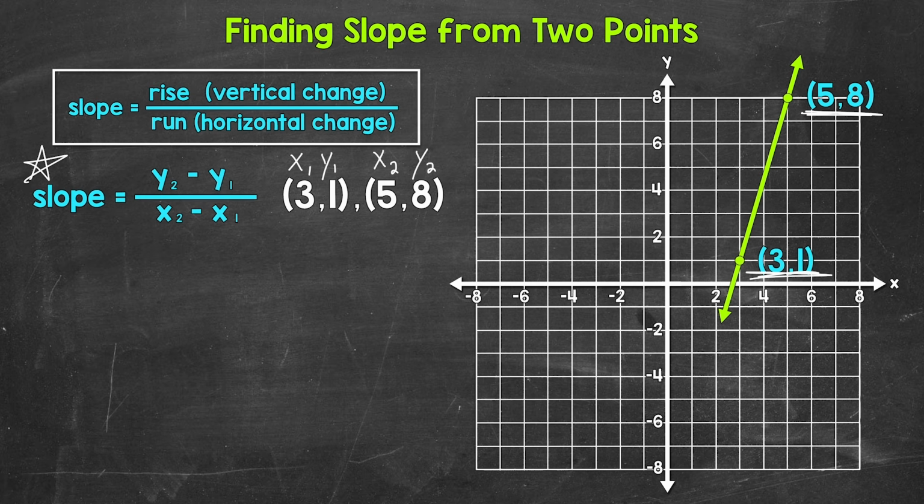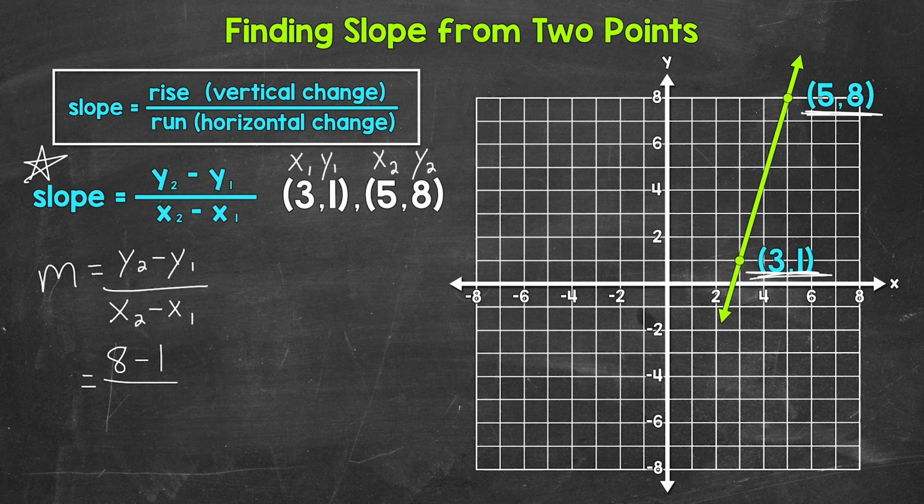So slope equals, and I'm using m for slope here, y2 minus y1 over x2 minus x1. So plugging these in, we have slope equals, well, y2 is 8 minus y1 is 1.